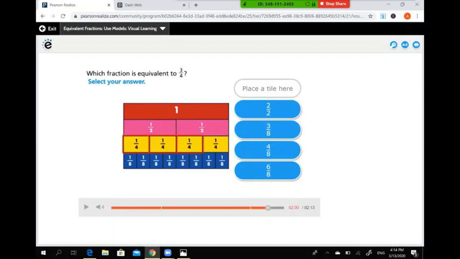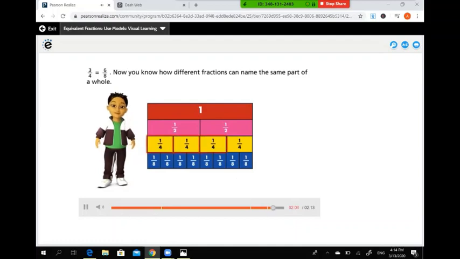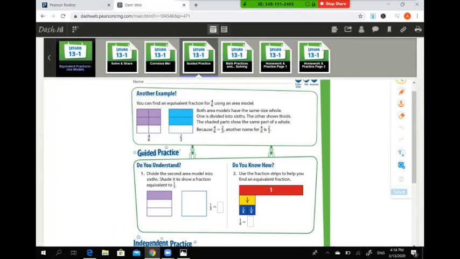As we see, 1/8, 2/8, 3, 4, 5, 6/8 is the same as 3/4. Three-fourths equals 6/8. Now you know how different fractions can name the same part of a whole. Let's move to the questions.